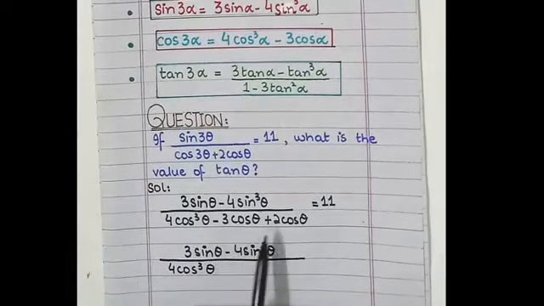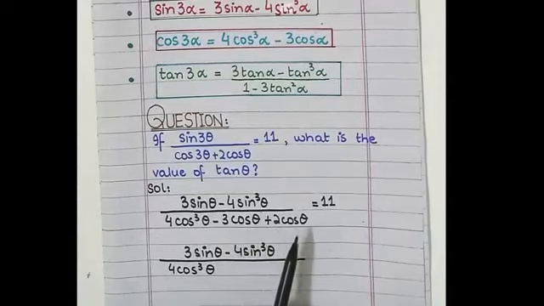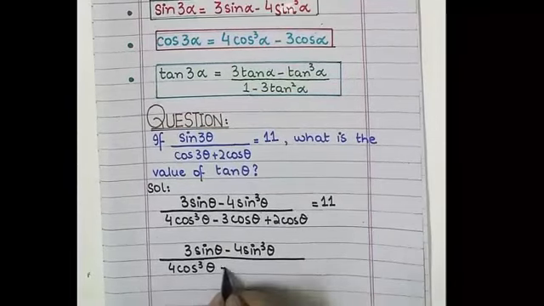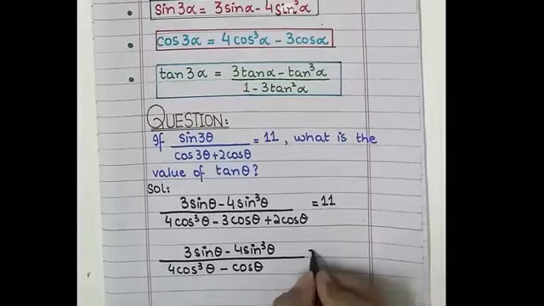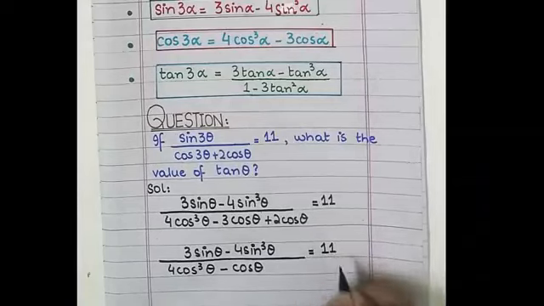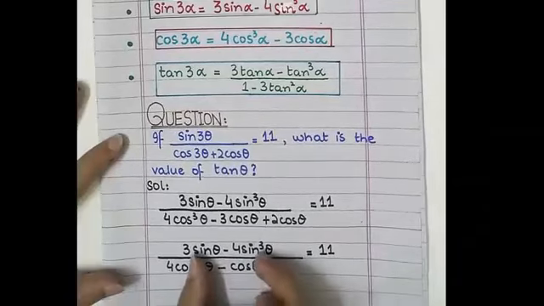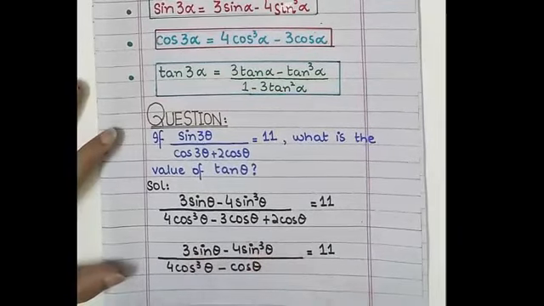Writing the numerator as it is, here we have minus 3 plus 2 cos theta, which is equal to minus cos theta. It is equal to 11. We can take sine common from the numerator.